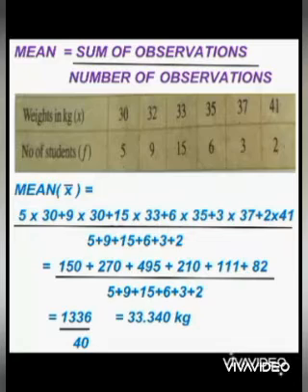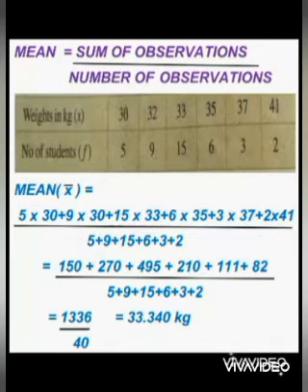Next, 9 students weigh 32 kgs each, isn't it? So the sum of the weight of 9 students is 9 into 32, which is equal to 270 kgs, isn't it, children? Similarly, here 15 students weigh 33 kgs each.